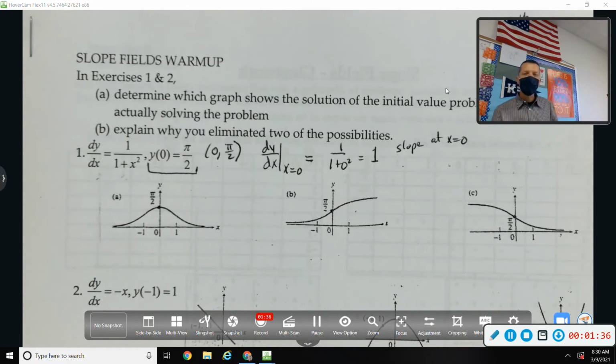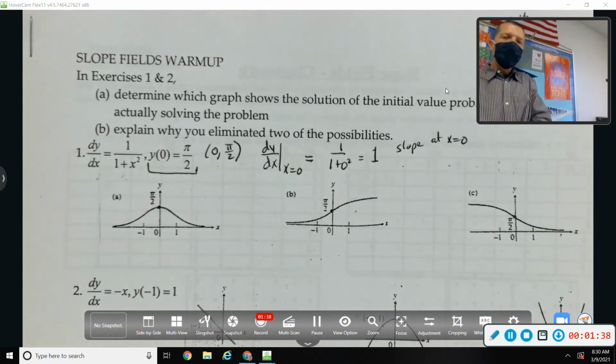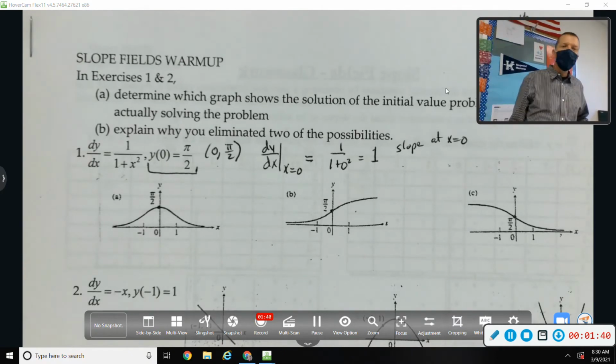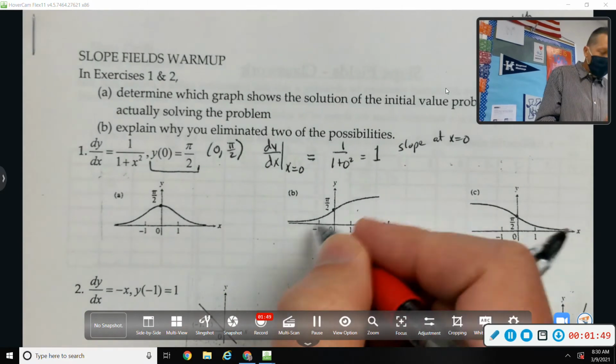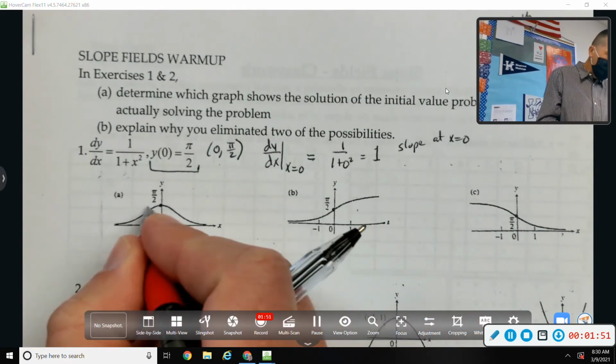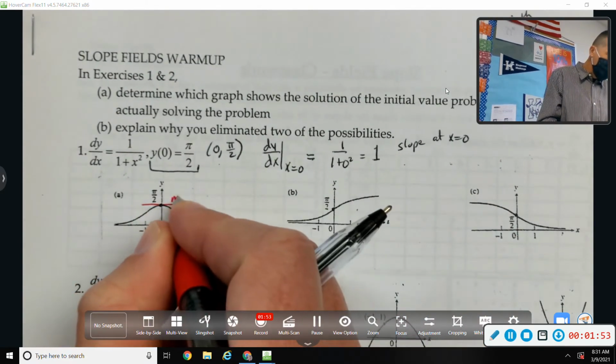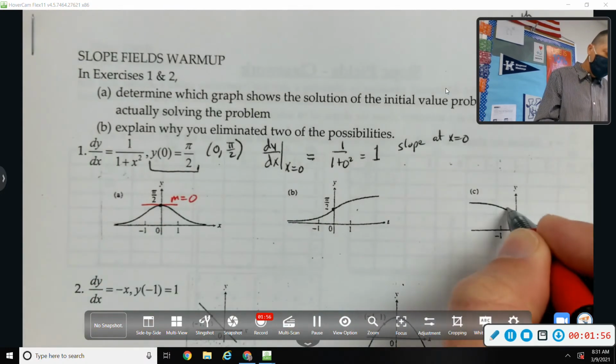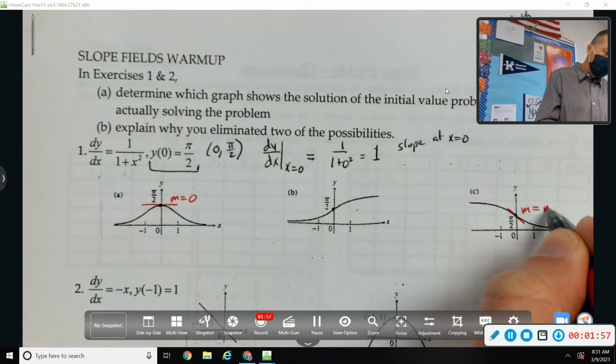Now you look at your three options. Which one has a slope of 1 at x equals 0? I don't know that it's exactly 1 from that picture, but this one has a slope of 0, and this one has a slope of negative something.